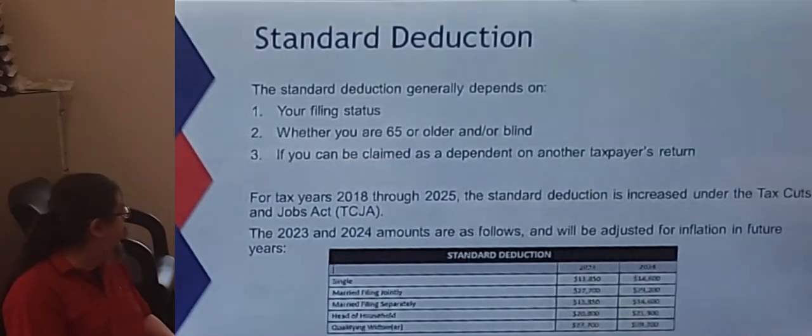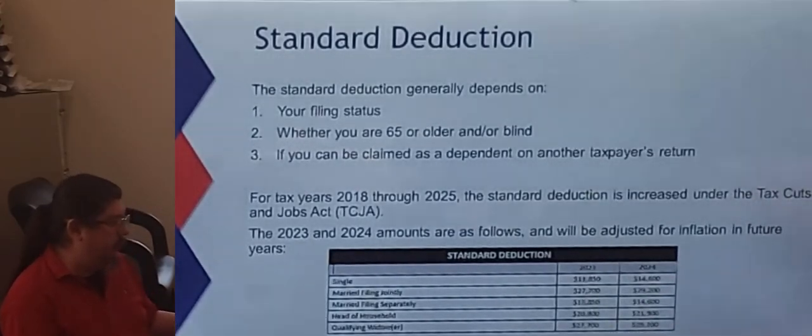Married filing separately has the same standard deduction as single. Head of household is about halfway in between married filing joint and single at $21,900, and qualifying widow, also known as qualifying surviving spouse, has the same standard deduction as married filing joint.